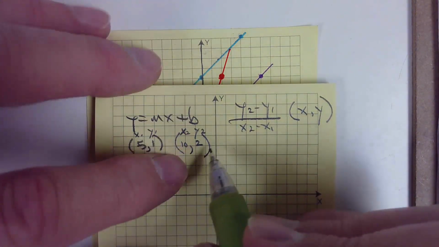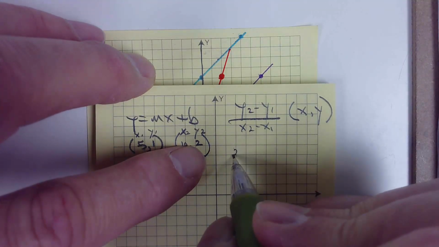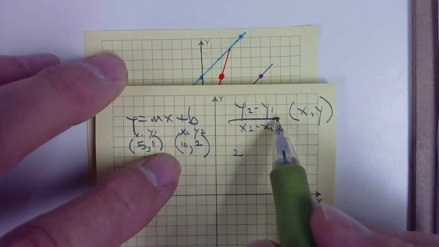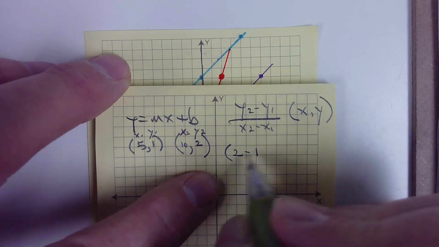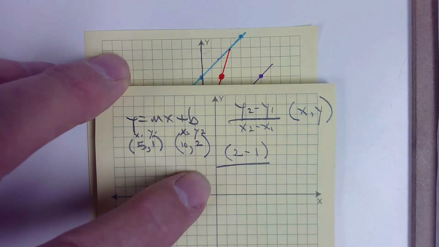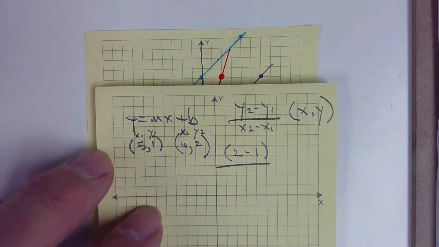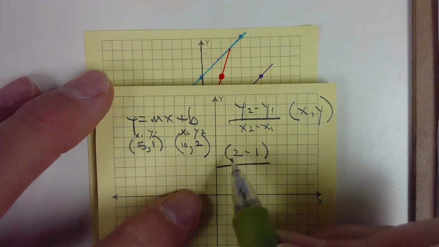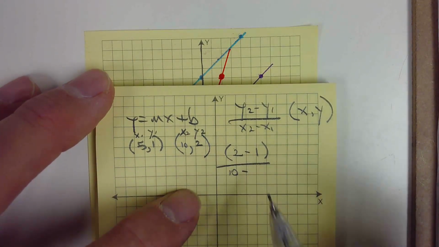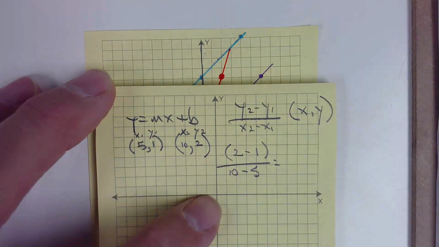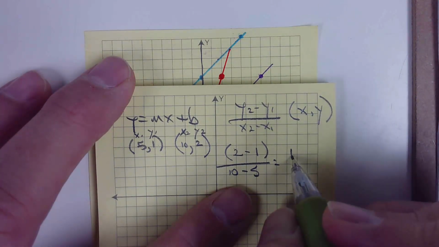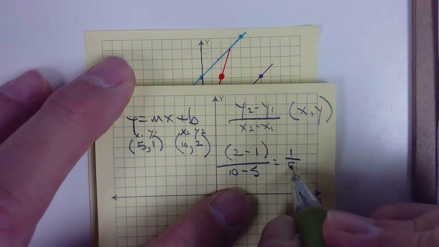So y2 is 2, and y1 is 1. 2 minus 1 over, what's x2? 10 minus what? 5 equals, what's 2 minus 1? 10 minus 5 is 5.